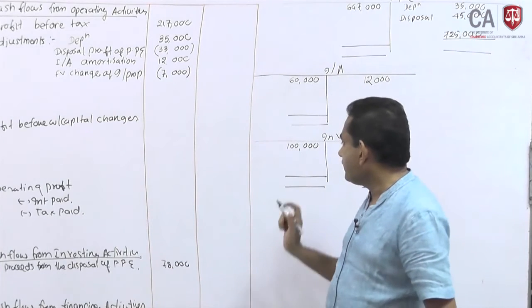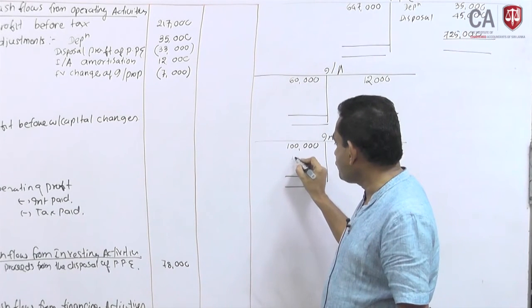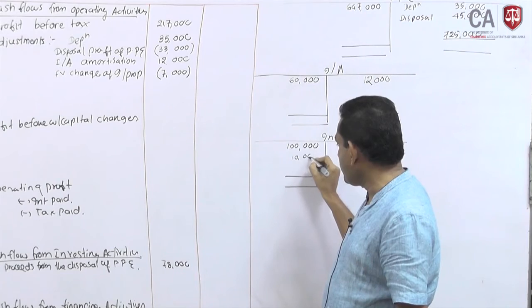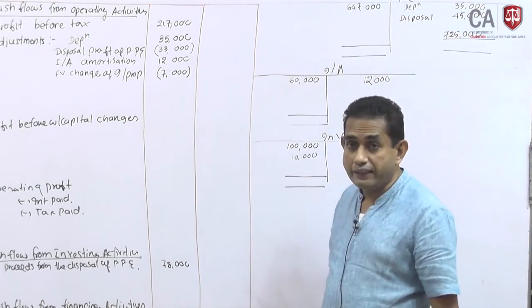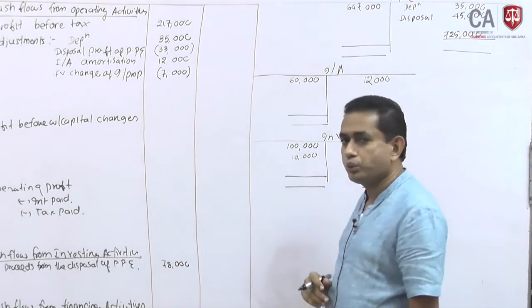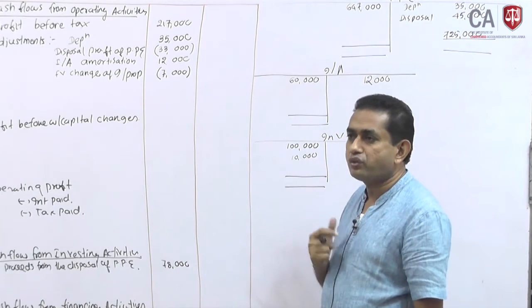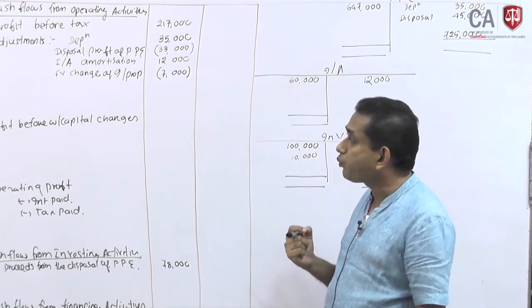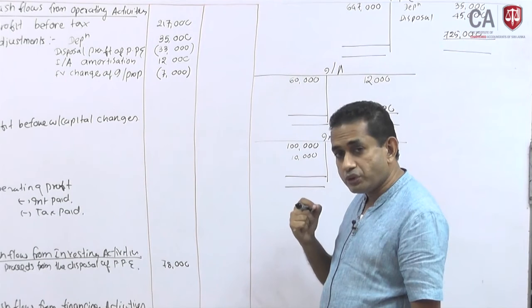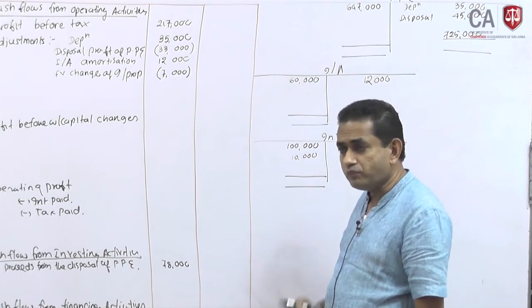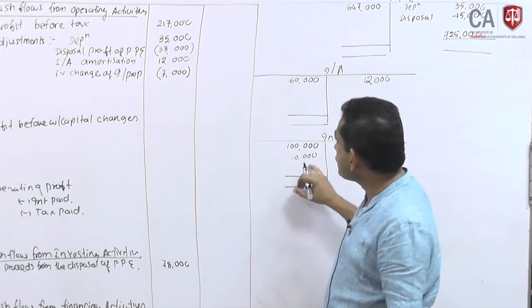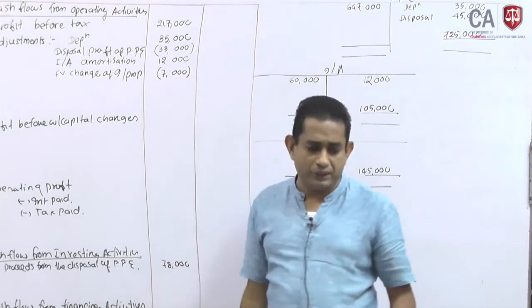Obviously, that 10,000 fair value change must be the fair value change of fair value through OCI investments. You can debit that to investment account and credited already where? To OCI. So, this 10,000 does not have an effect on the profit figure.